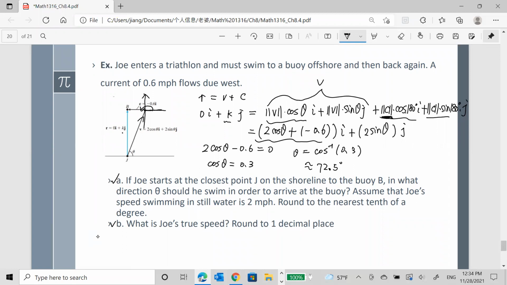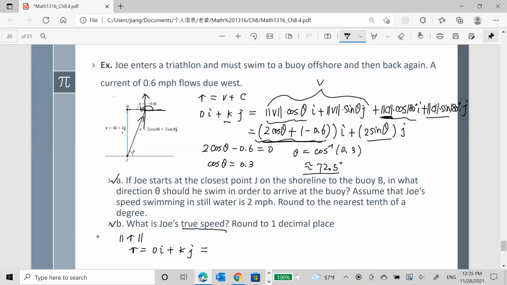So what is B? What's Joe's true speed? If we know R, the true speed of Joe is the magnitude of R. How do we find the magnitude of R? Since we already know theta, R equals 0 I plus K J, so plug in theta's value.